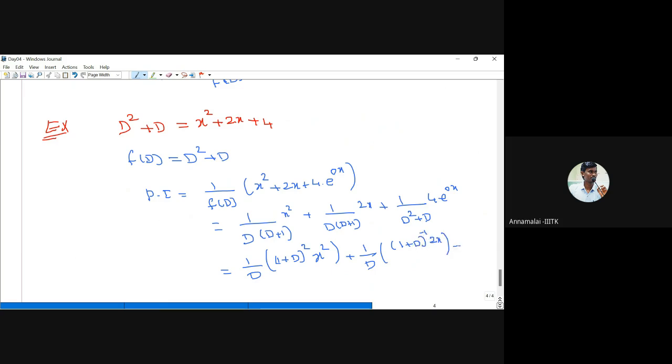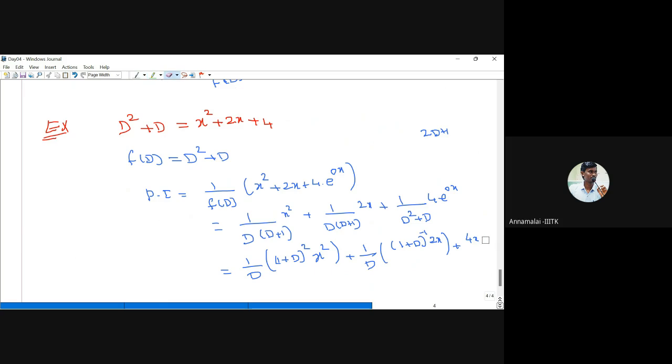Here 4 is a constant anyway. Now if you substitute D equal to 0, we get 0, therefore we put 1 times x. If you differentiate, we get 2D plus 1, and if you substitute 0, we get 1. Therefore just 4x into e power 0x, and e power 0x is nothing but 1.